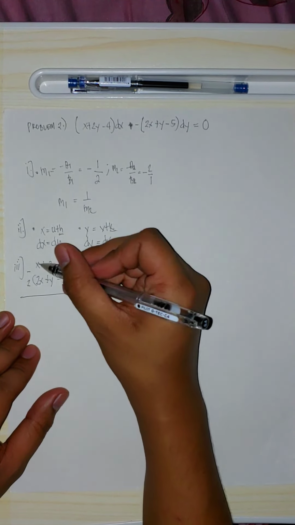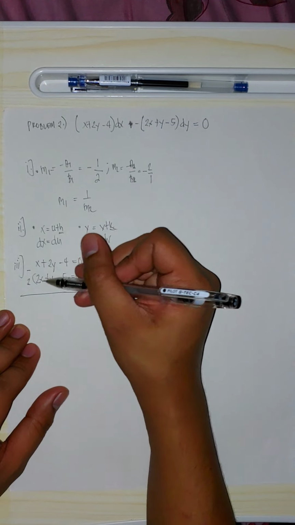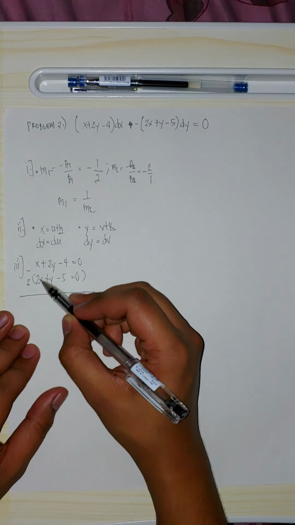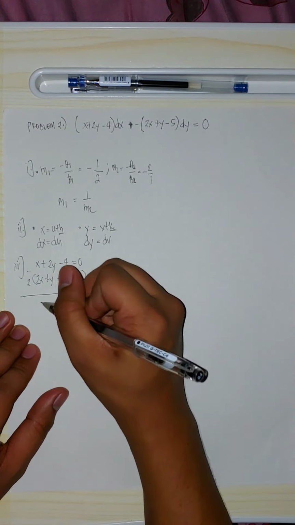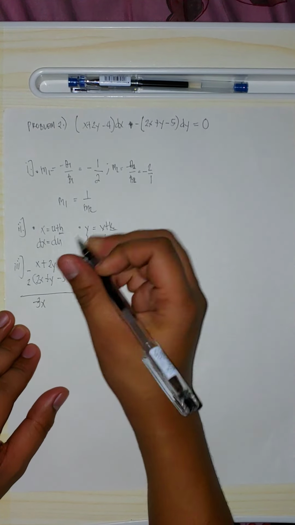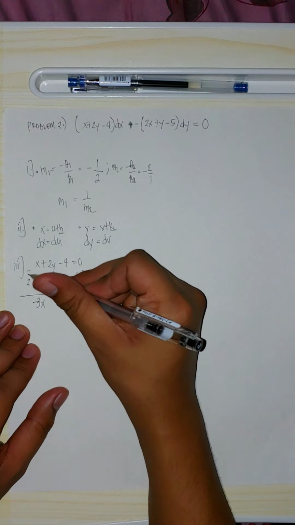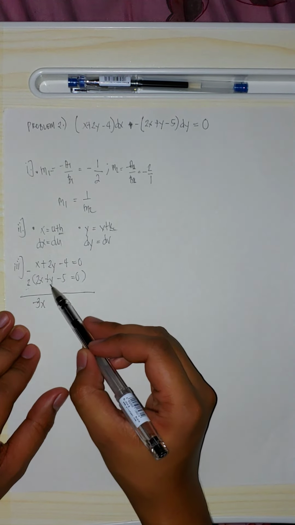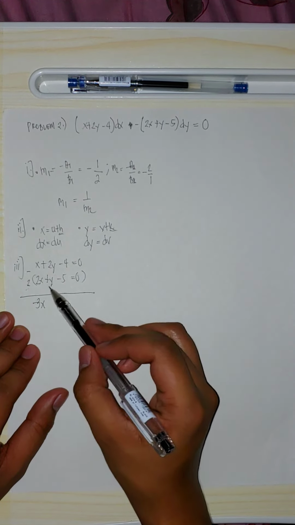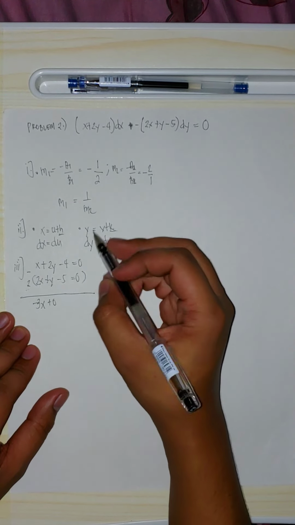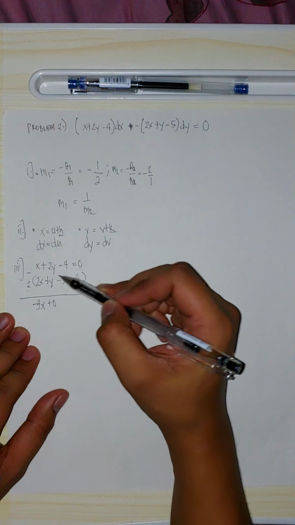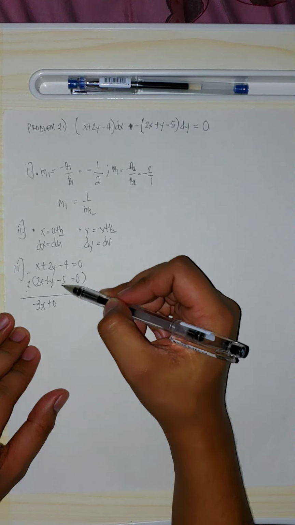So we have x minus 2 times 2x. 2 times 2x is 4x, so x minus 4x is equal to negative 3x. Then 2y minus 2 times y, so 2y minus 2y is equal to 0. Then negative 4 minus 2 times negative 5, which is negative 10.